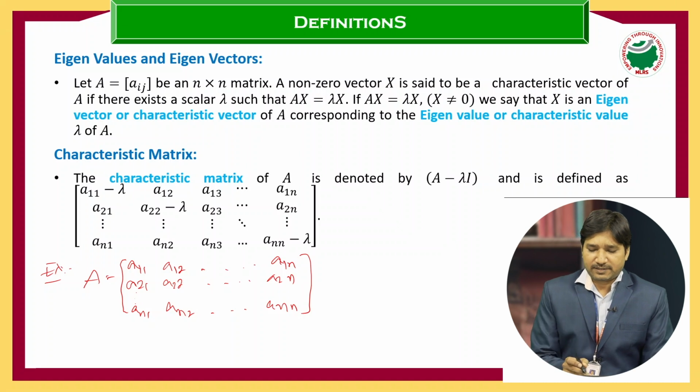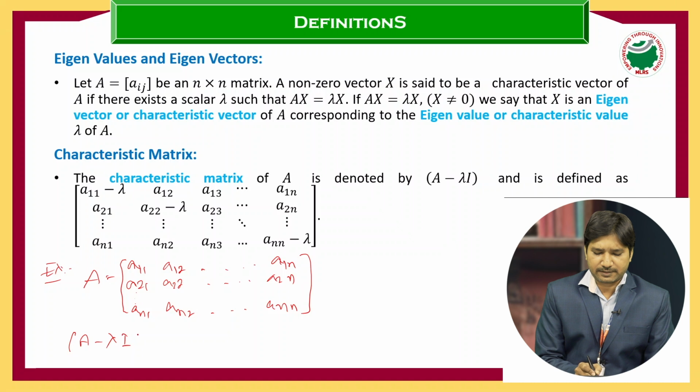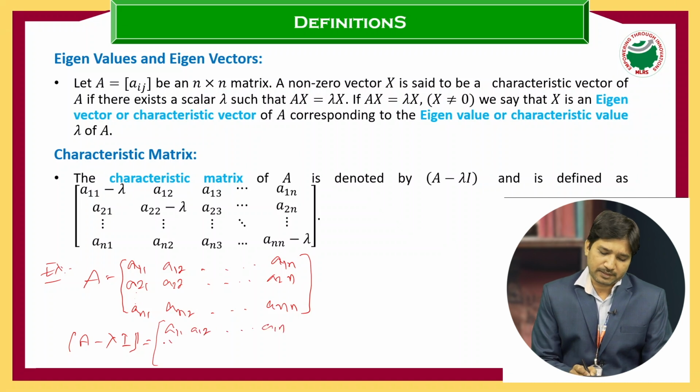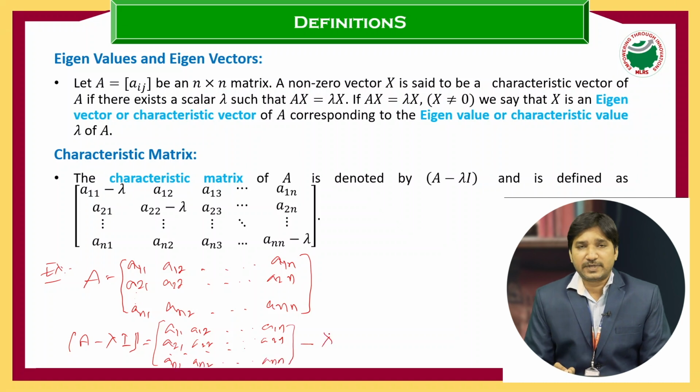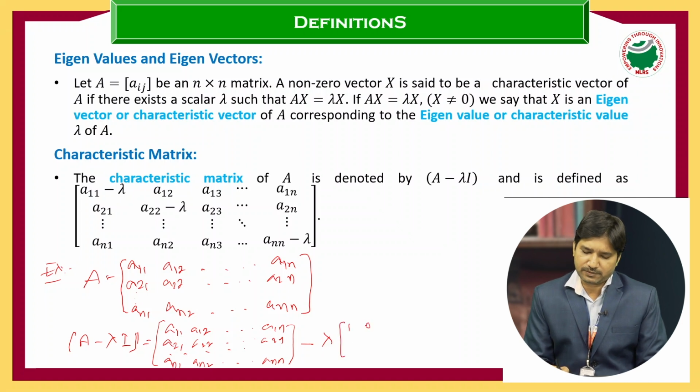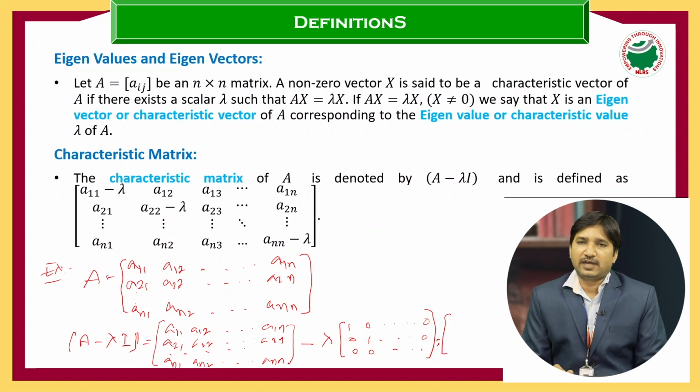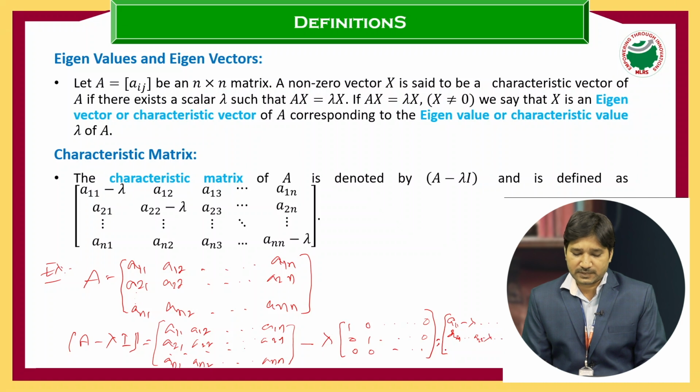The characteristic matrix A minus lambda I is the matrix A minus lambda, a scalar, times I, the identity matrix with 1s on the diagonal and 0s elsewhere. After subtracting, the entire matrix is A11 minus lambda, A12, and so on, A21, A22 minus lambda, and so on, An1, An2, and so on, Ann minus lambda.